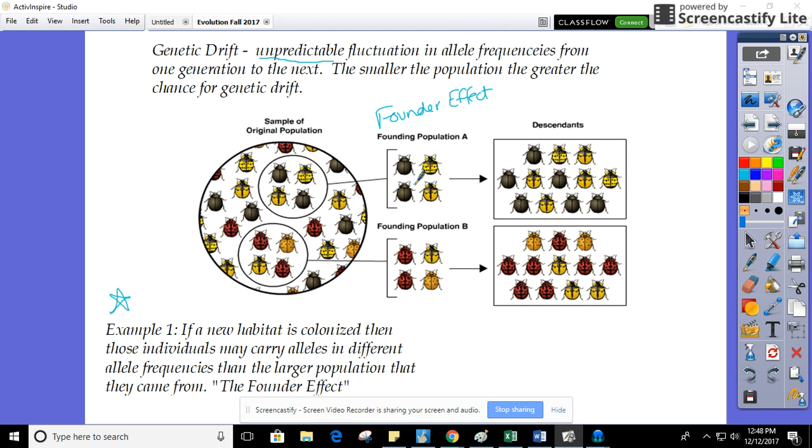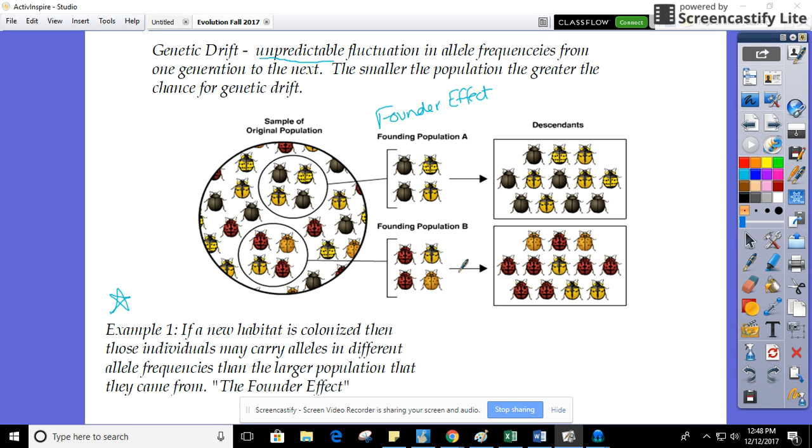So this population A does not exactly or identically represent the original population. Some similarities, but not identical. And the descendants, therefore, will represent the founding population, not the original population. Same goes for population B, so you can just see it in another example.